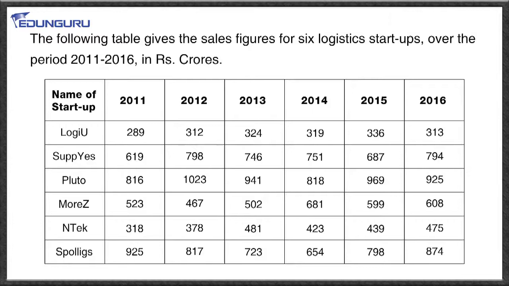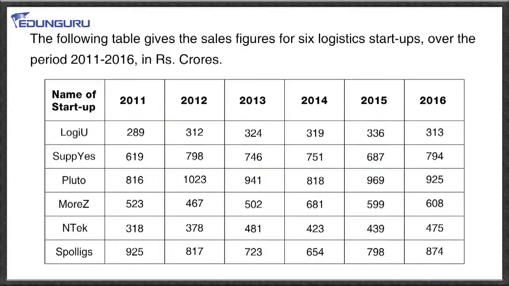For more Z, there is an increase from 523 to 608, which is anyways more than 15%. So, this will be considered, more Z. What about NTech? NTech has an increase from 318 to 475, which is an increase of more than 50%. So, obviously, this would also be more than 13.69%.